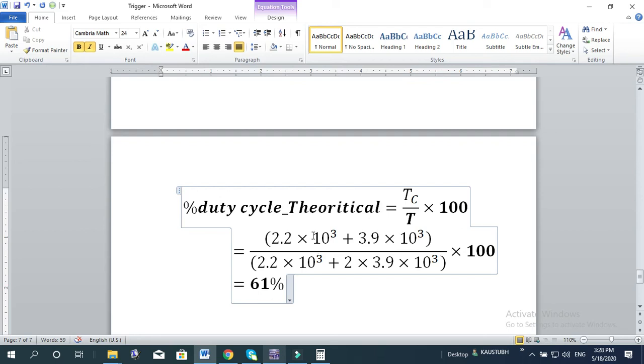But practically, I'll calculate this practically.